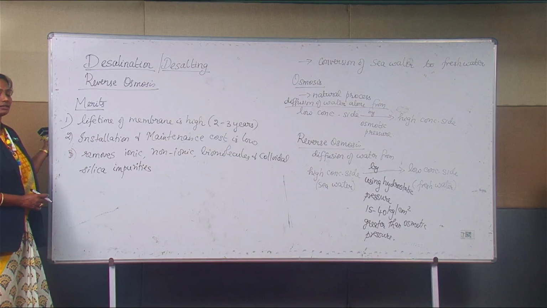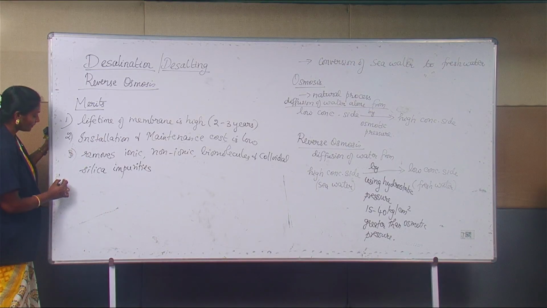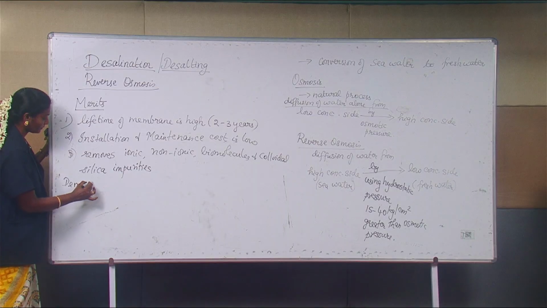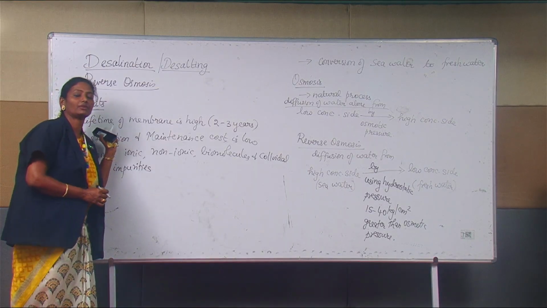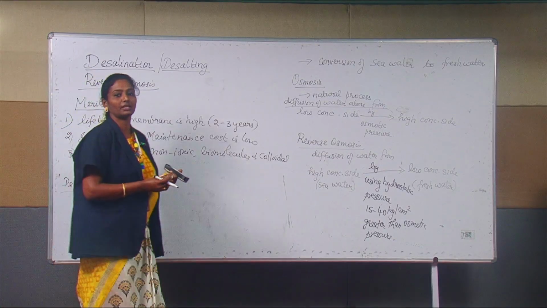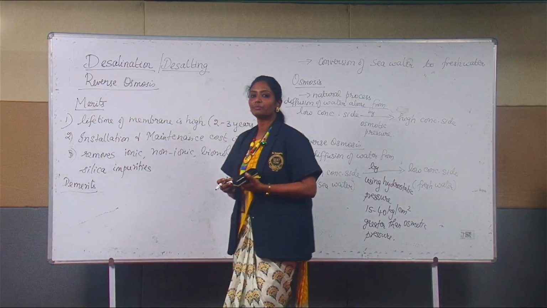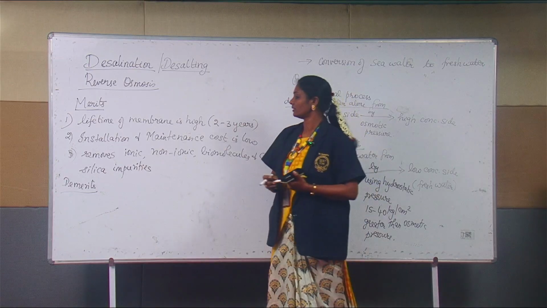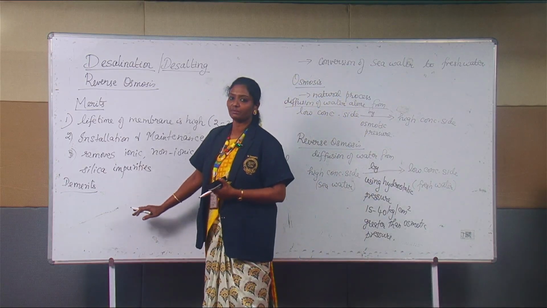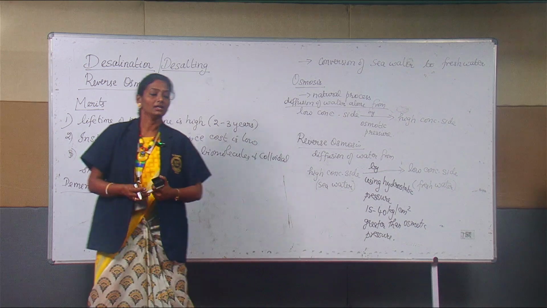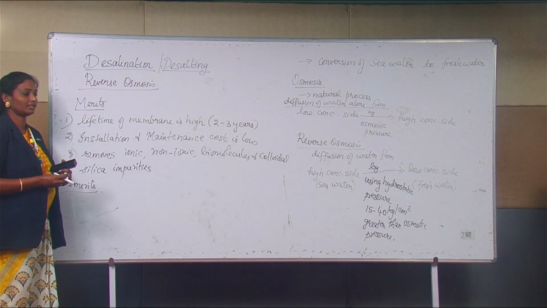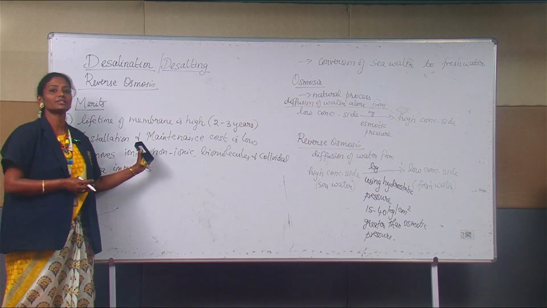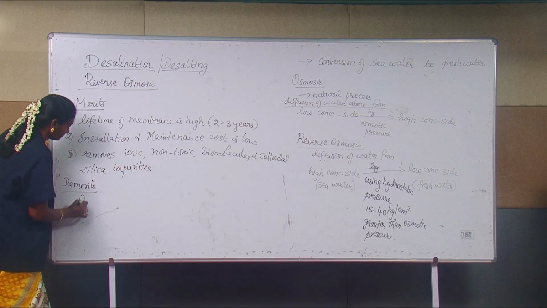Some of the demerits are periodic cleaning of the membrane. In our houses we would have installed AquaGuard or various purification systems where replacement of the membrane is essential at frequent intervals. In the same way, replacement of the membrane is one criterion which adds to the demerits of reverse osmosis.